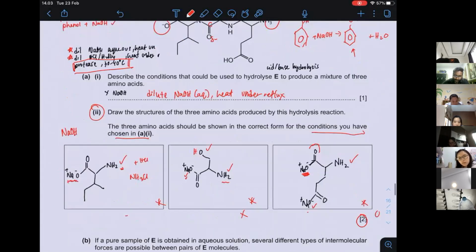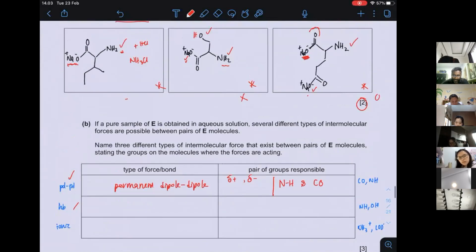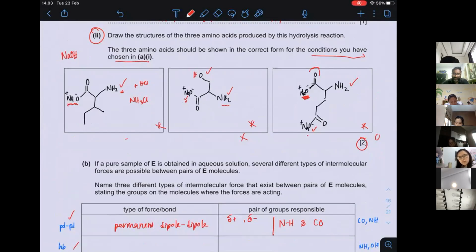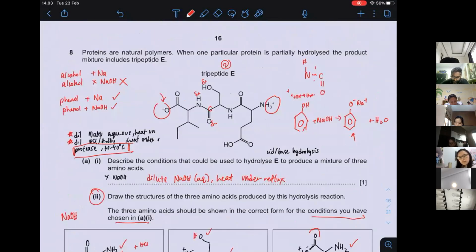So if you want to give NH and CO, they might have permanent dipole-dipole. Hydrogen bonding: you need to look for anything that has the H plus, the partial positive of H. Then there must be something with a partial negative, but it must involve O, N, and F. I have oxygen there, nitrogen is also there, so you can choose which one you want.